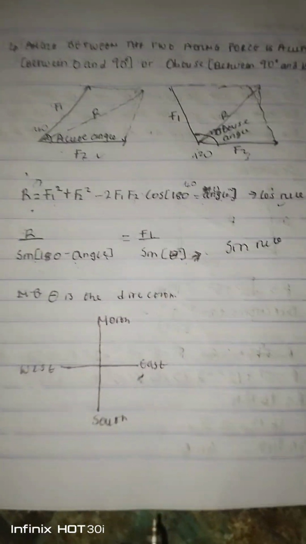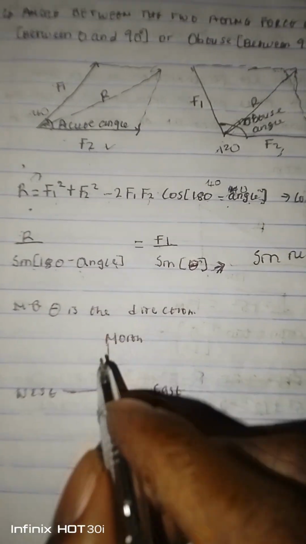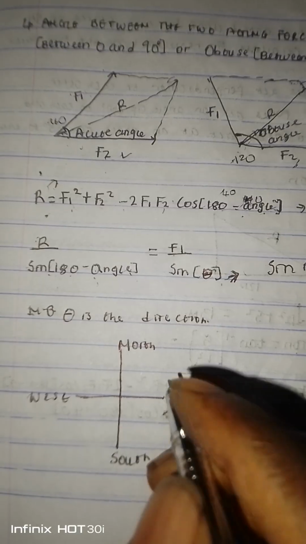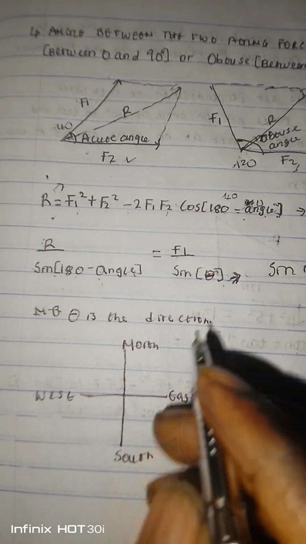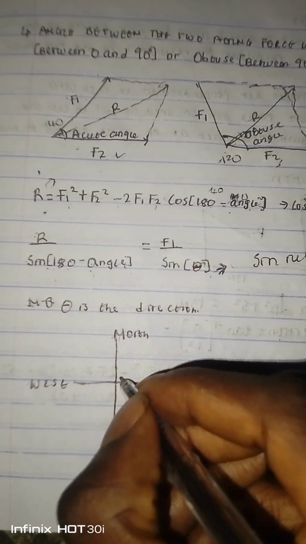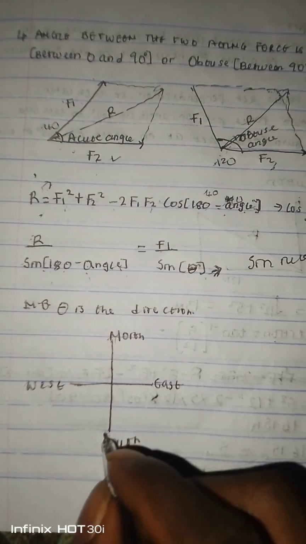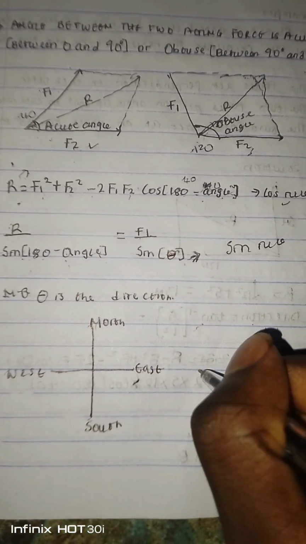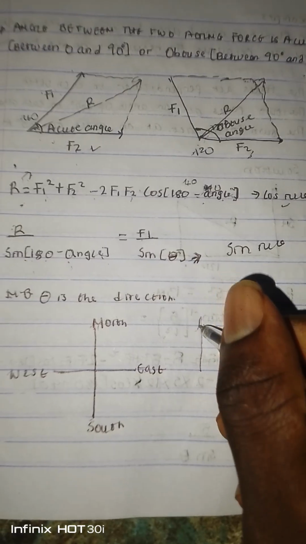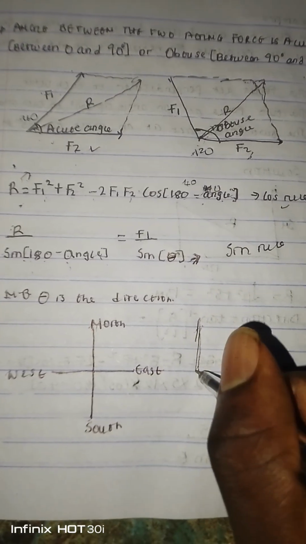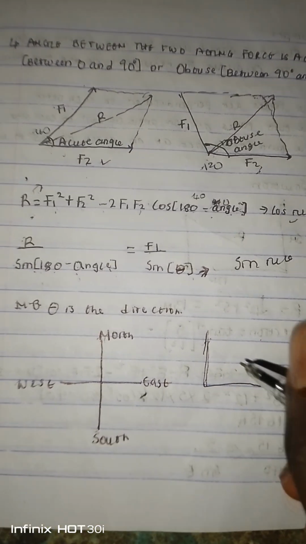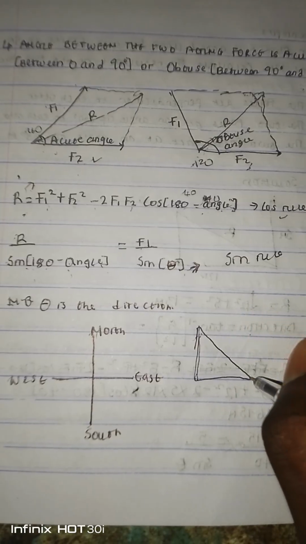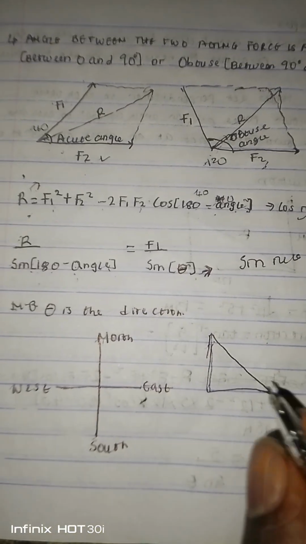Another thing to take note of in vectors is direction. Look at this: north, east, south, west. So if they say a bird travels 10 meters north and then goes 10 meters east, you come like this. And they can ask you questions like this too.